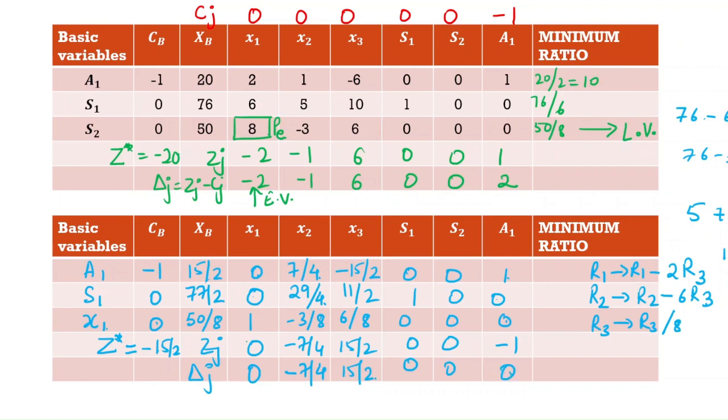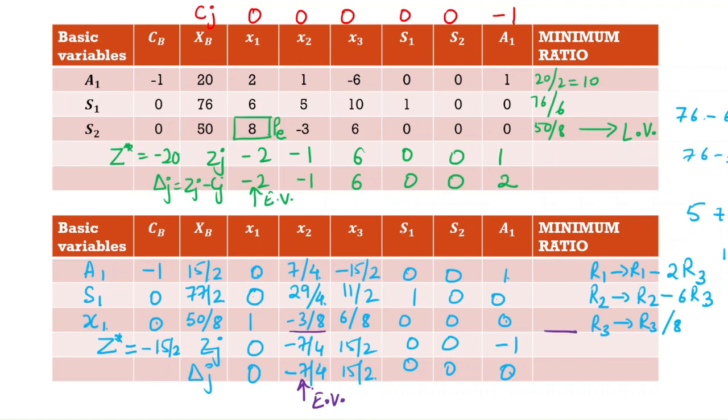This is again 0. So what we have observed here, as this is the most negative, this would be the entering variable, and in this entering variable we'll be calculating the minimum ratio. So x2 will enter. Now what will leave, either a1 will leave or s1 or x1, we have to decide. So x1 cannot leave, and we cannot find the minimum ratio because this is negative, so we'll be just ignoring this one.